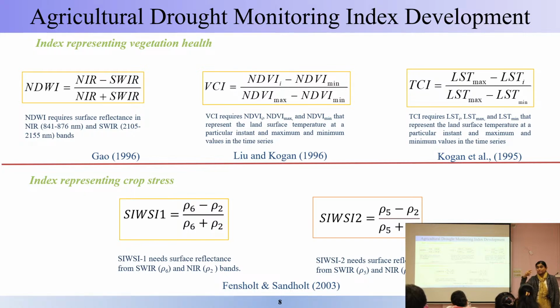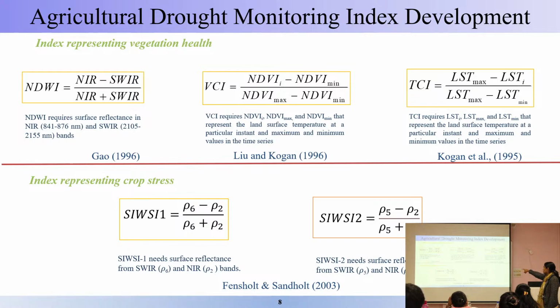So earlier we saw that Sentinel names them B1, B2 like that. Now in other cases they name it generally with a symbol rho. So rho 1, rho 2 like that, there are many numbers. So here you can see rho 2 means the NIR band, then rho 6 means the SWIR.